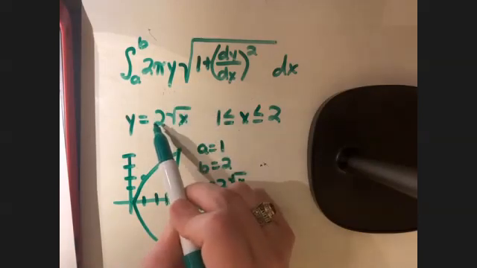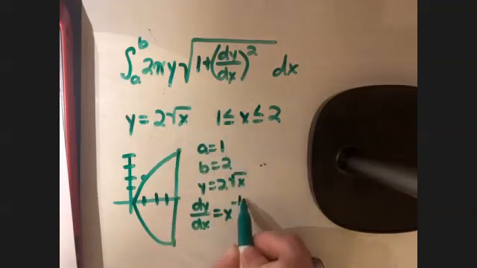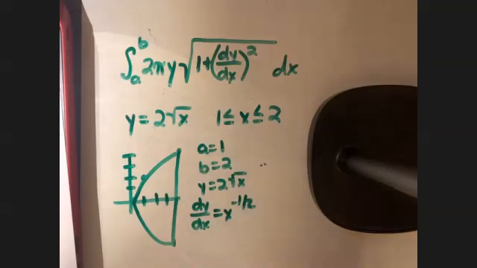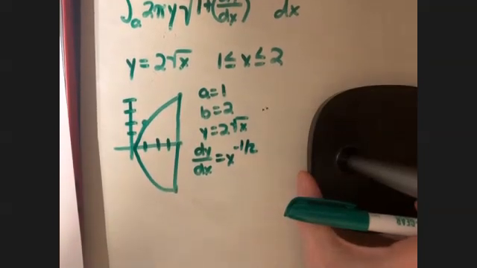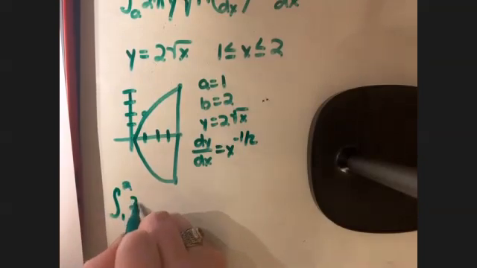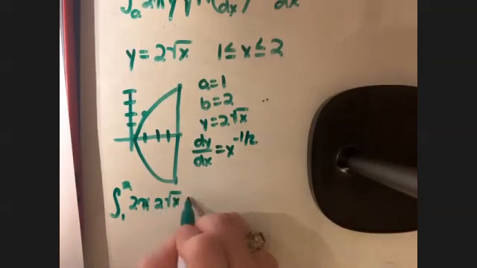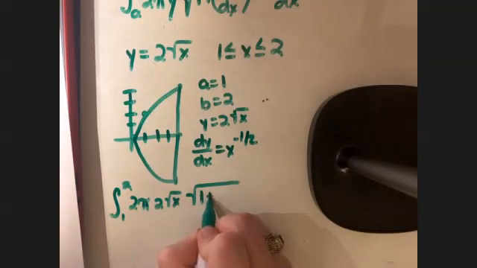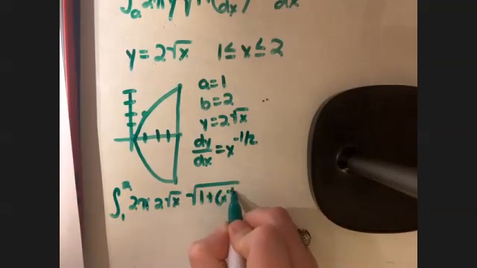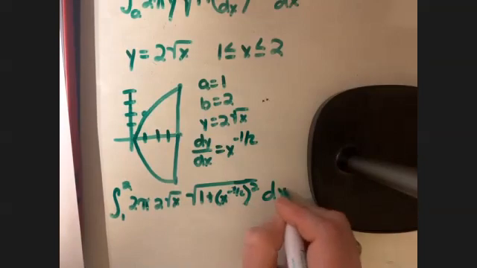When the 1/2 comes down, it combines with the 2 to make 1, and the exponent drops, so this is x to the negative 1/2. So now we're going to set this up. We integrate from 1 to 2 of 2 pi times 2 square root of x, times the square root of 1 plus x to the negative 1/2 squared, dx.